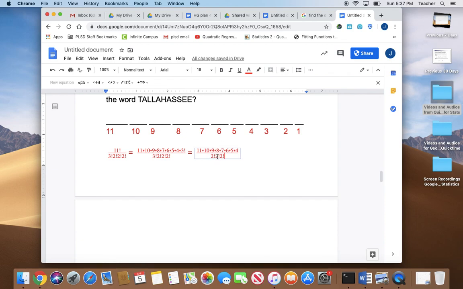And 2 factorial is really 2 times 1. So it's really over 2 times 1 times 2 times 1 times 2 times 1. And so then I can divide out my 2's. 2 times 2 times 2 is 8, so I could get rid of this 8.